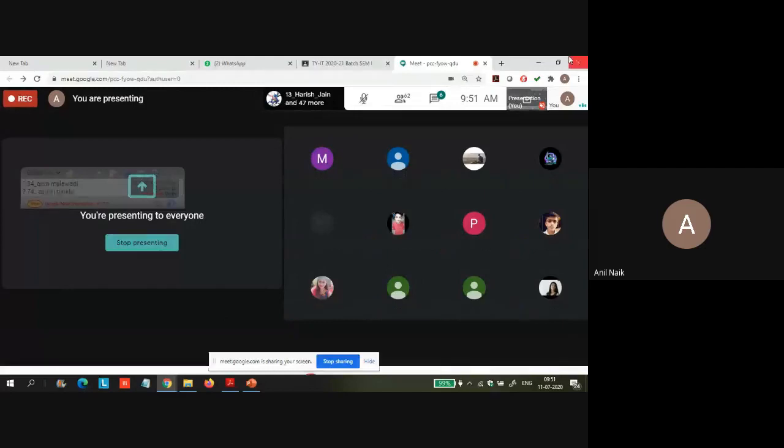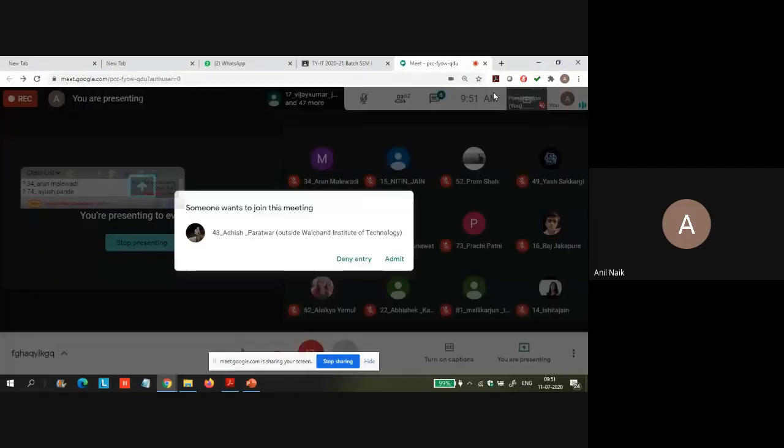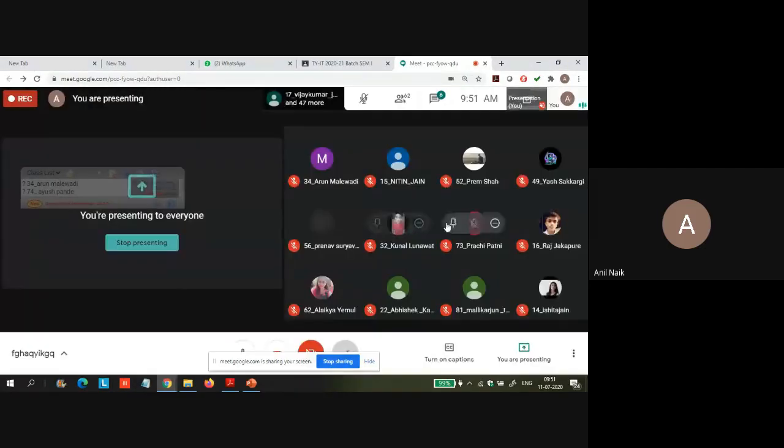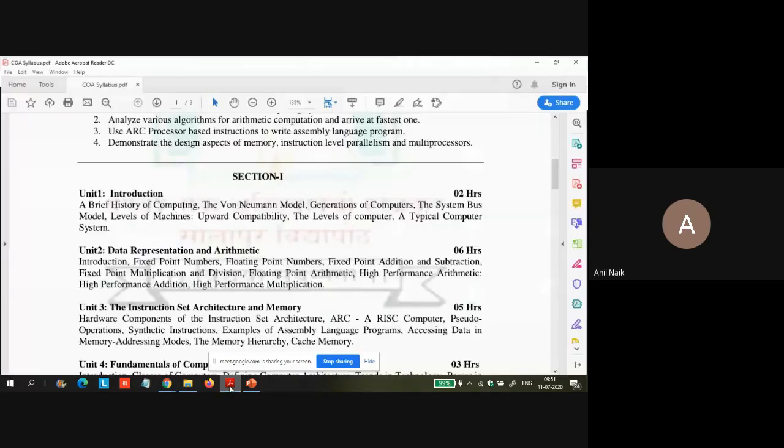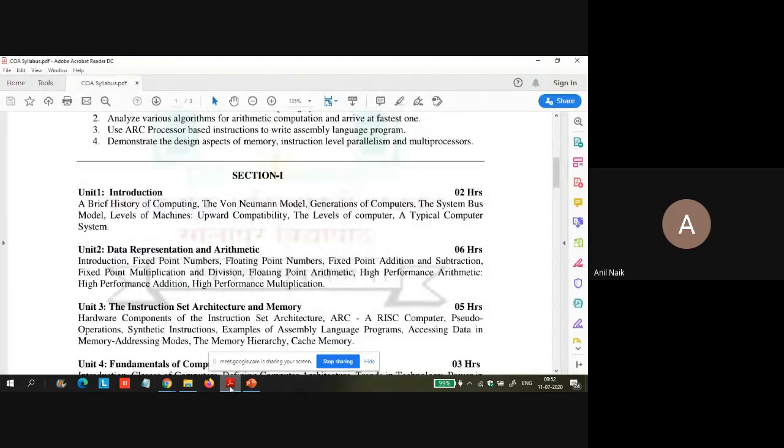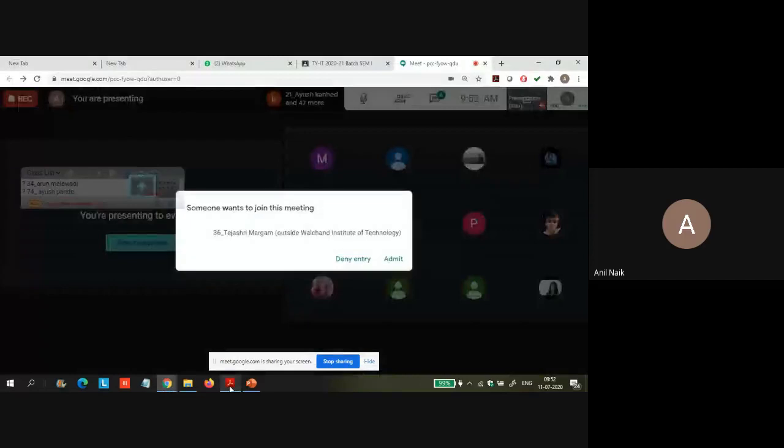So from the next class, you have to keep pen and paper to solve the problems. Okay, so data representation and arithmetic in computer.